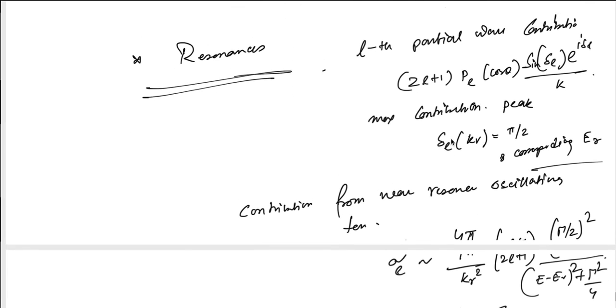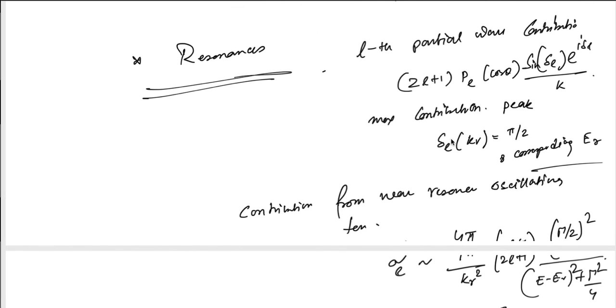Finally, the resonances. I am not discussing this in detail, but know that just like bound states, scattering states and resonating states in 1D, you can also find this resonating behavior here. I will not go into the details, but you can look at this formula and see a peak at delta equal to pi by 2, which is like the resonance, and how the contribution from near that peak comes.